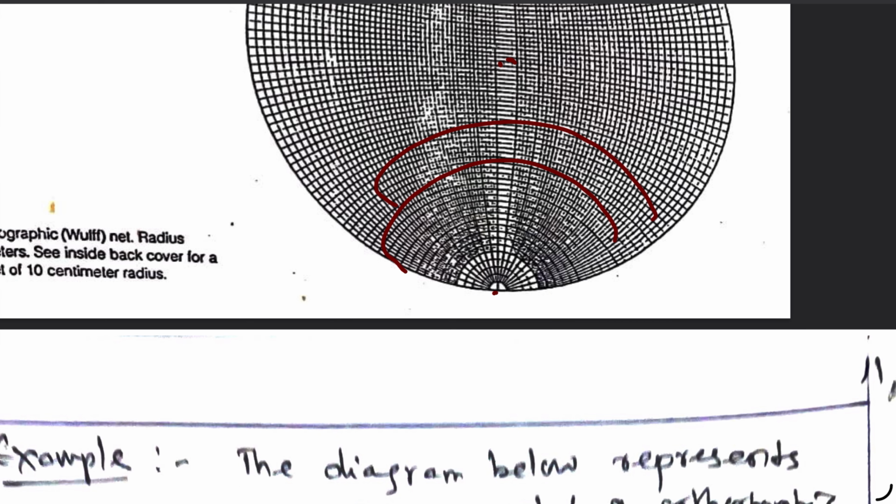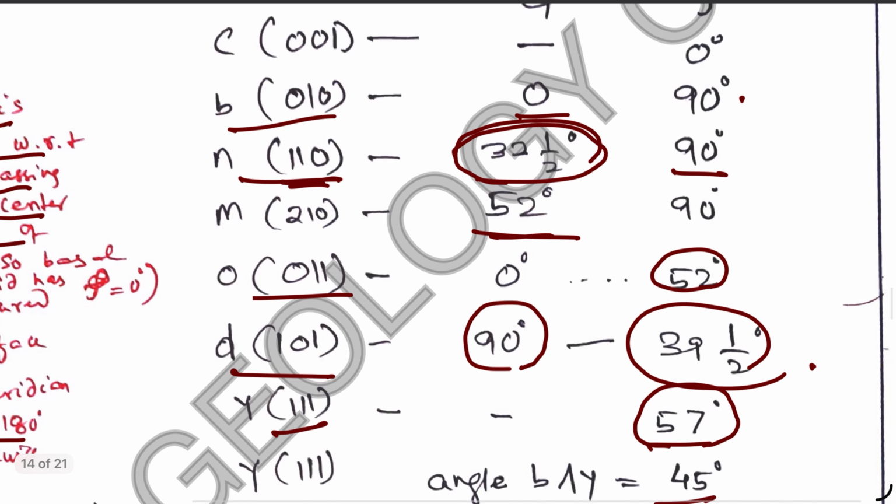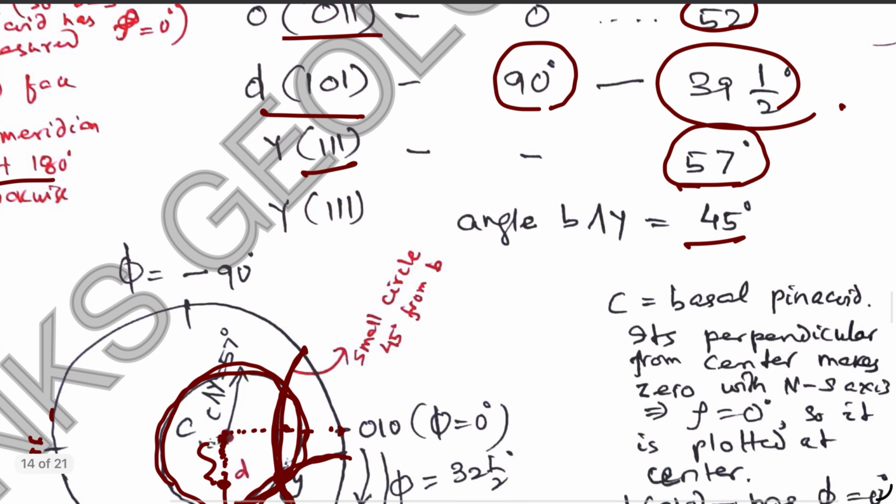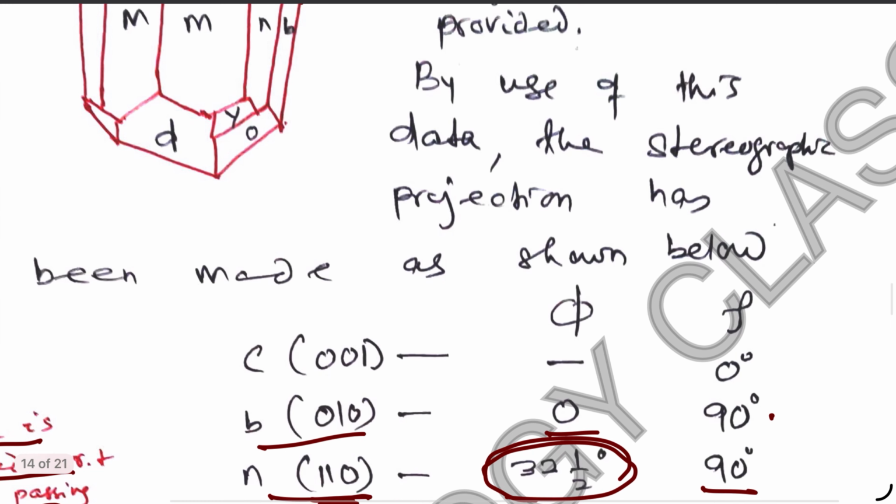So keeping M here, we measure 10, 20, 30 like this. So you draw this circle. That circle has been drawn here. So this circle and this circle, they join at one point, which shows the location of the Y face of this crystal.